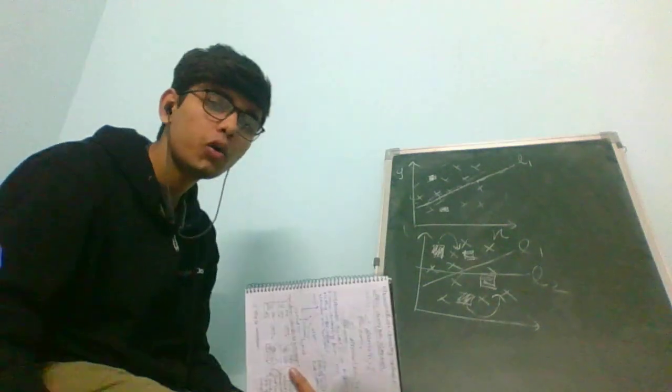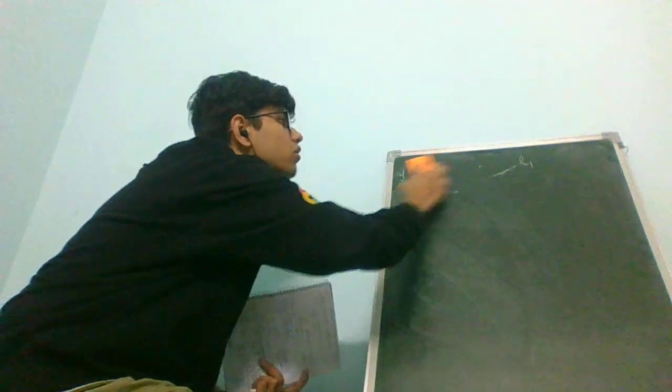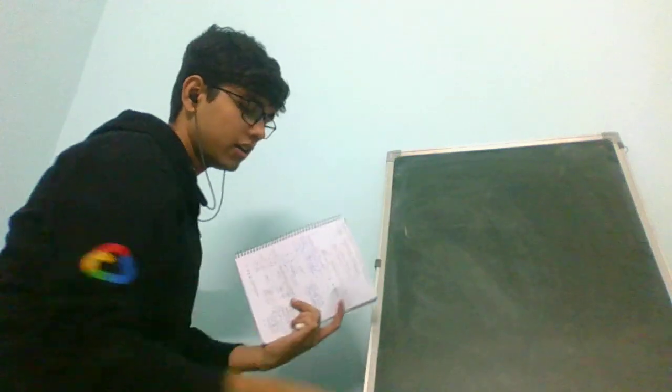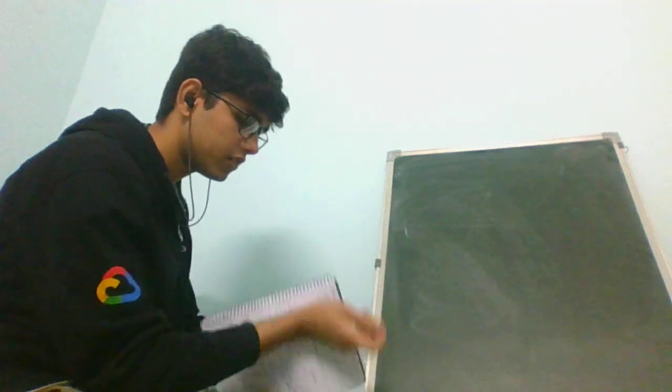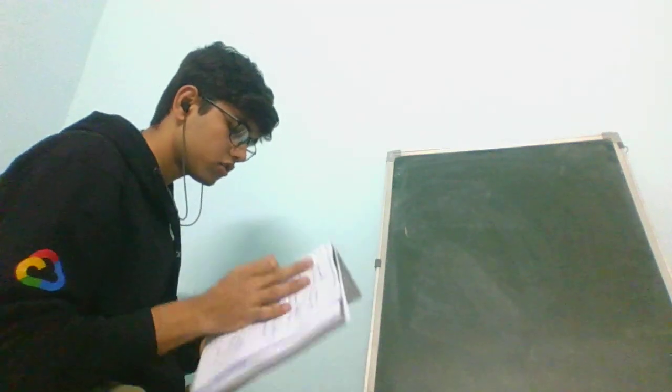Now, talking about how we choose the optimal k. For choosing the optimal k, we calculate the WCSS, the within-cluster sum of squares, for each possible k.